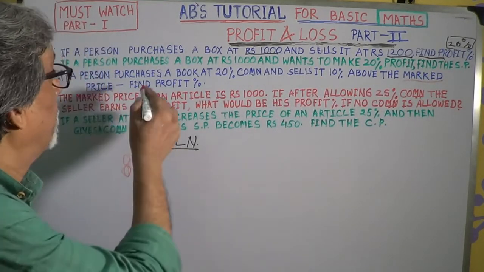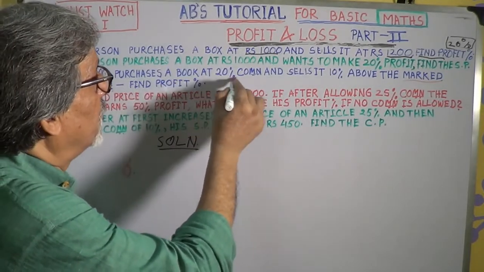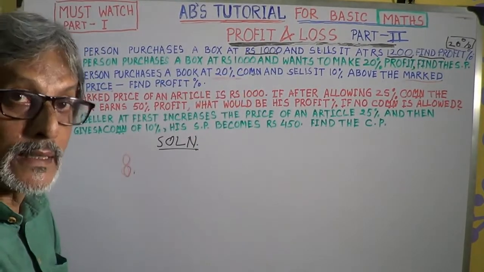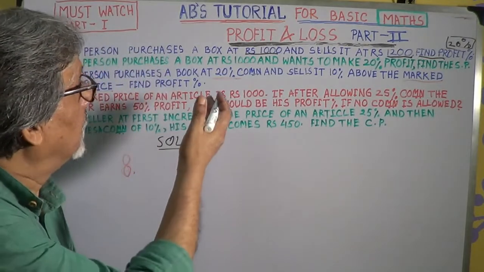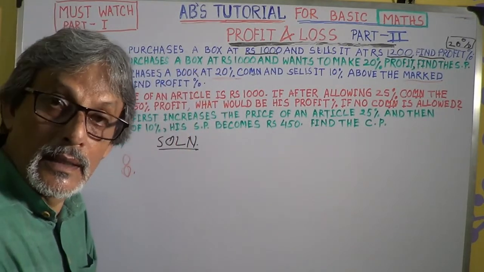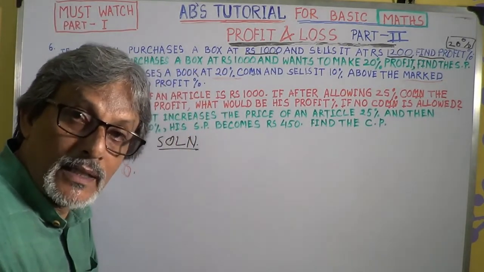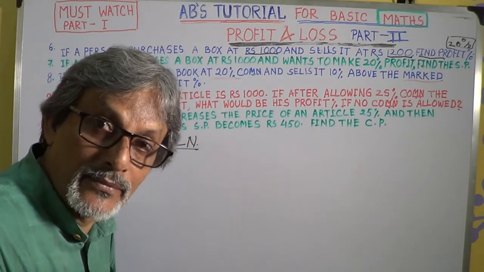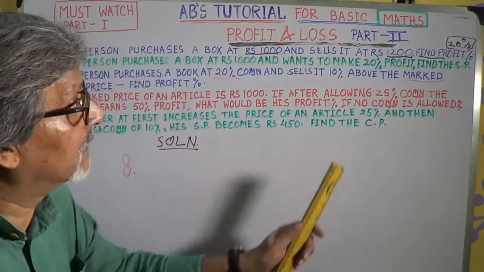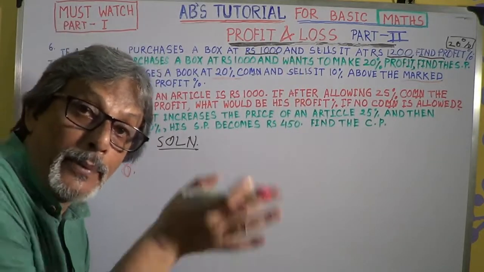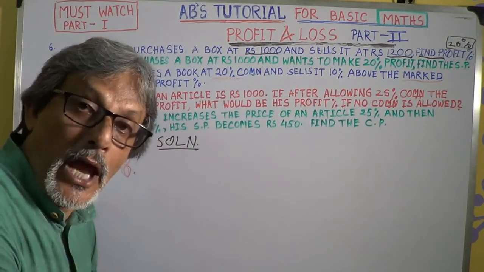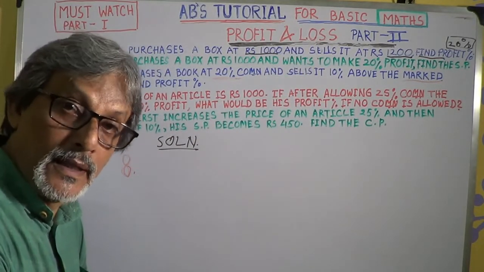Mind it, at 20% commission, the person who is purchasing this book, he is purchasing after getting a commission. But when he is selling, he is selling above the marked price. Clear?